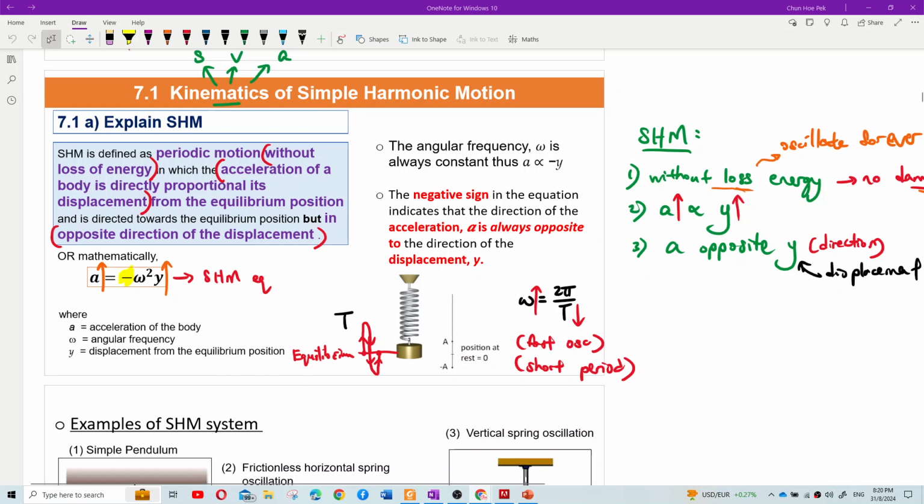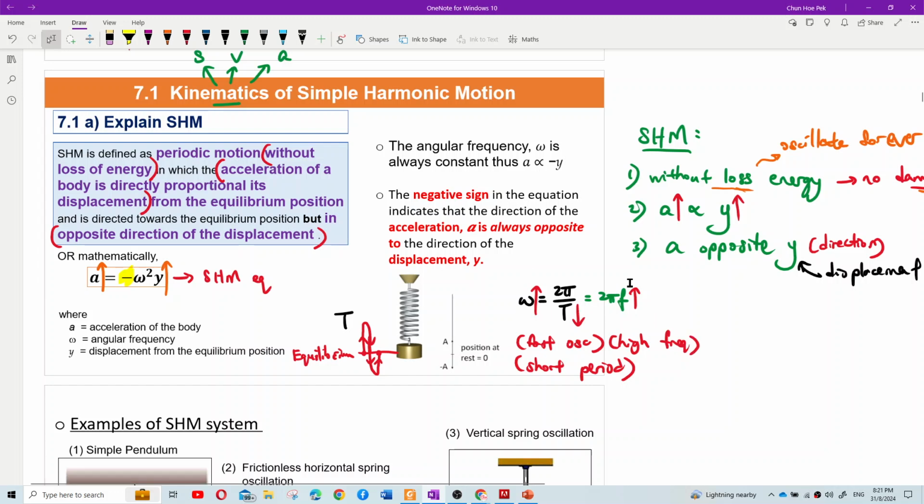One more thing here. This omega is also 2 pi f. Remember that? So short period, high frequency.